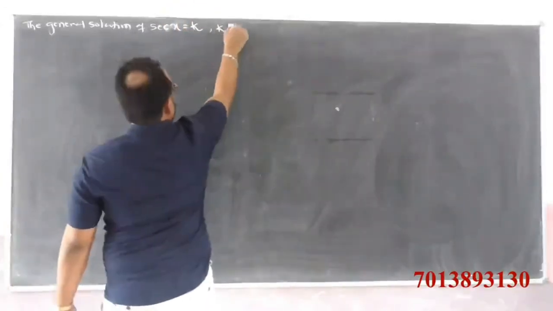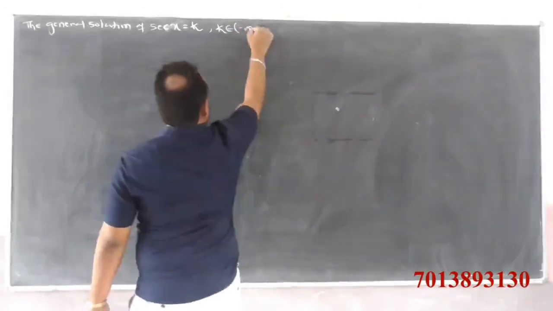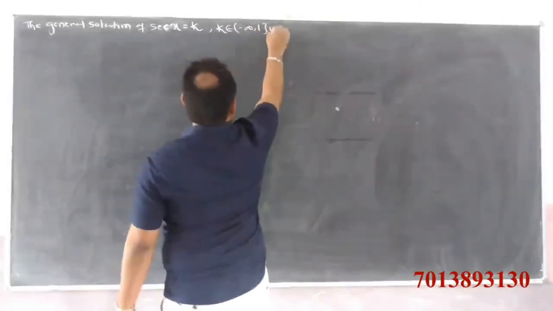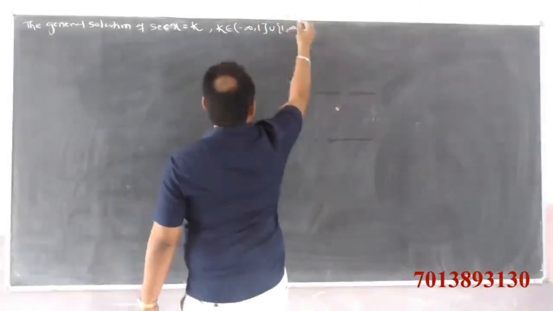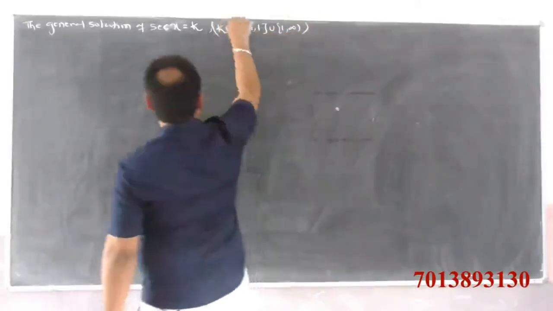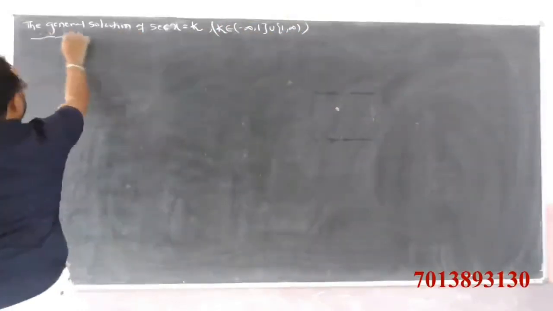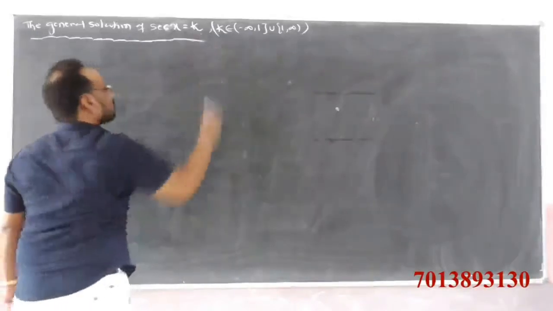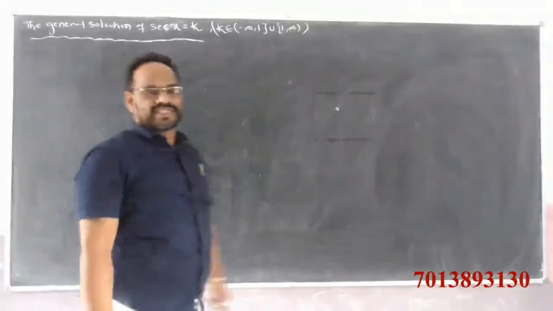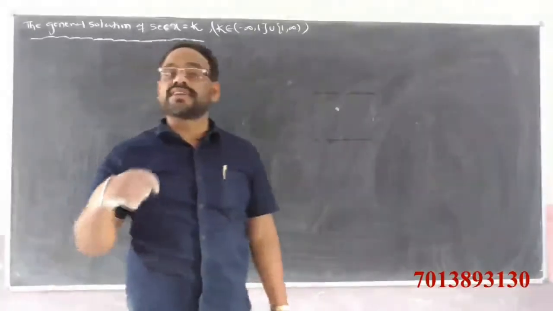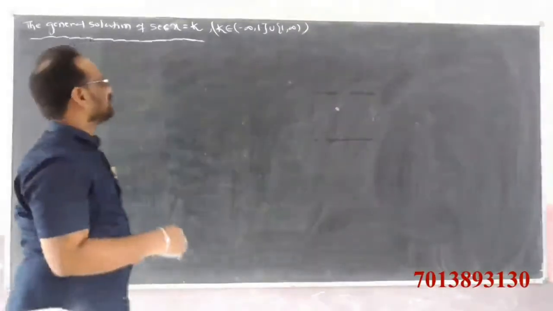Clearly k belongs to minus infinity to minus 1 union 1 to infinity. We want the general solution of secant x equals k.